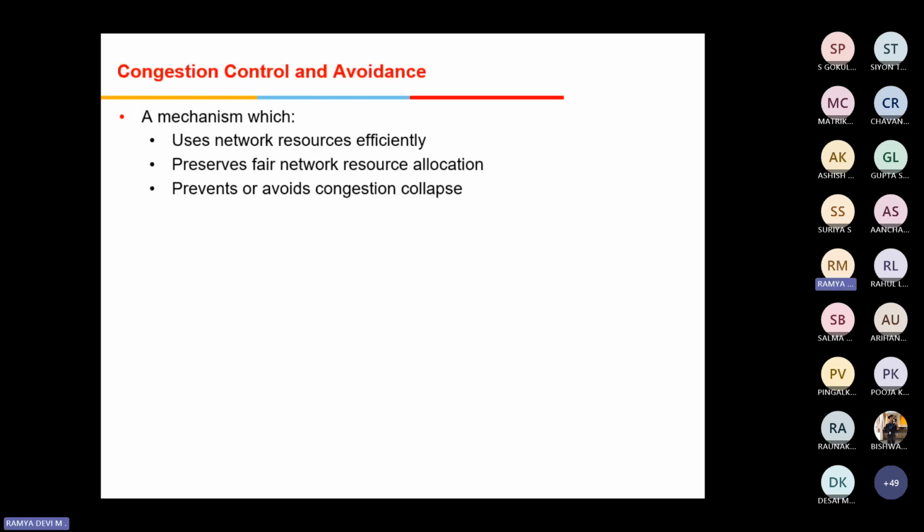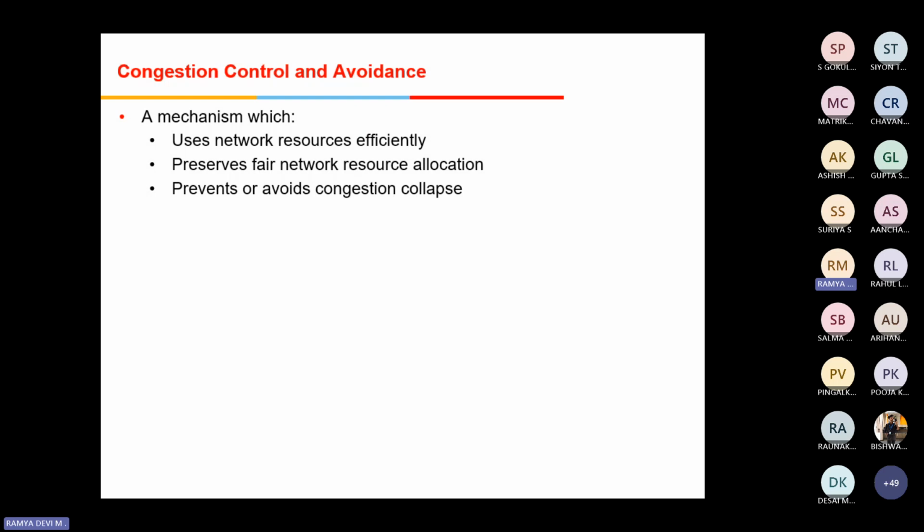So, congestion control and avoidance. What is congestion control? What is congestion avoidance? It is a mechanism to ensure the resources are used effectively, allocating the bandwidth fairly among all the users, and preventing congestion collapse.